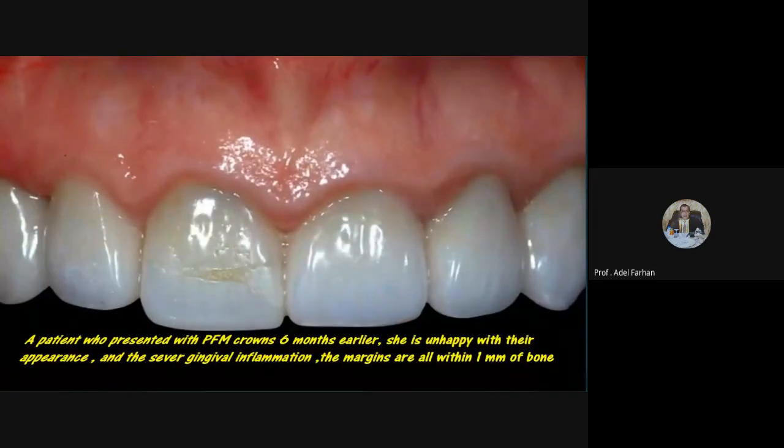As we see in this picture, this is the gum, and we see how severe gingival inflammation has developed. Why? The reason is the margin of the crown is within 1 millimeter of the bone inside the gingiva, going deeply and affecting the biological width and producing gingival inflammation. Sometimes we need to remove the crown and repeat the work to control the periodontium health, then we repeat our work.